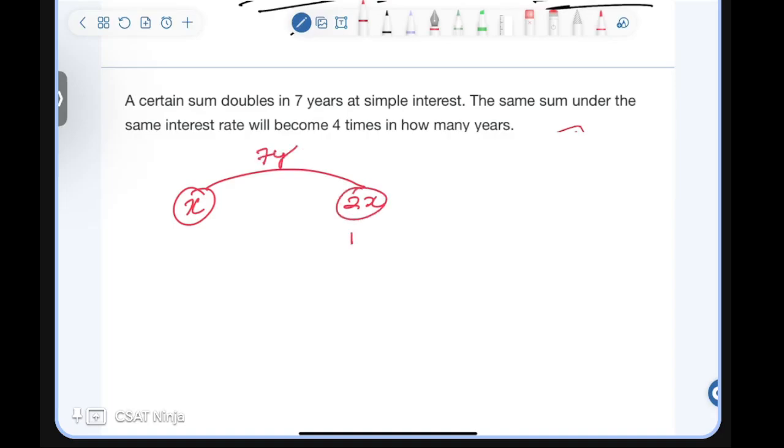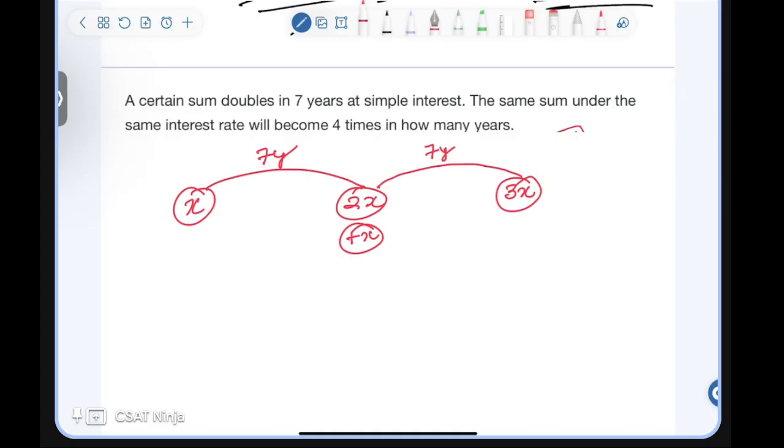That means there is a plus of x there. Double means 2 times, right? In 7 years. Again, in another 7 years, from this 2x there will be a plus of x, which is 3x.